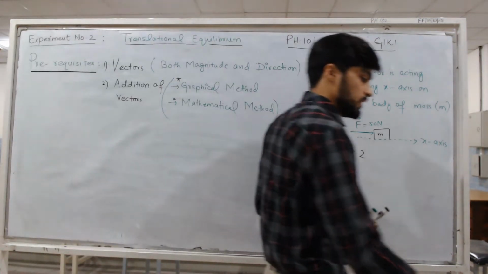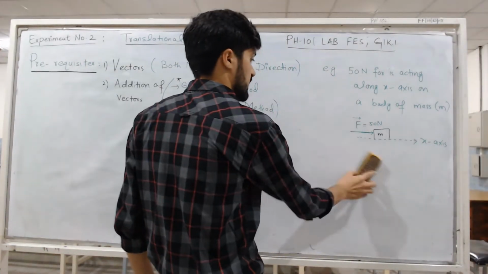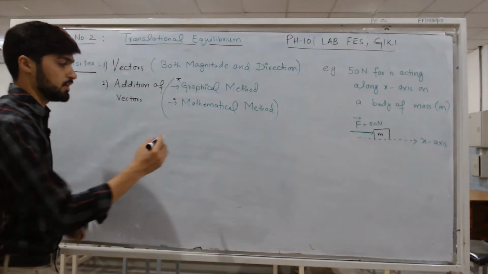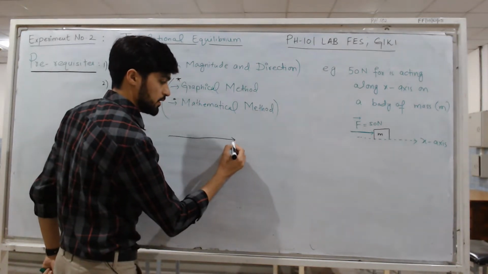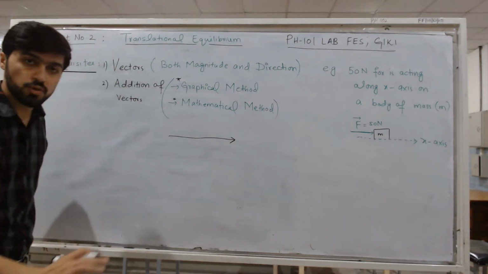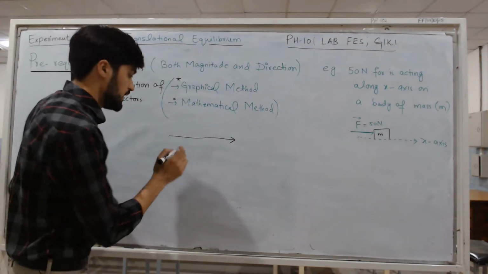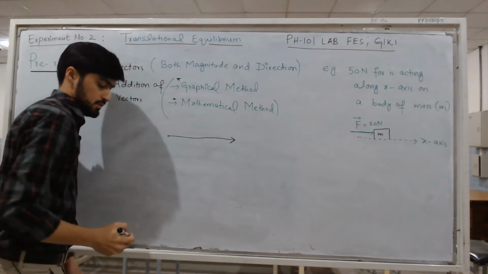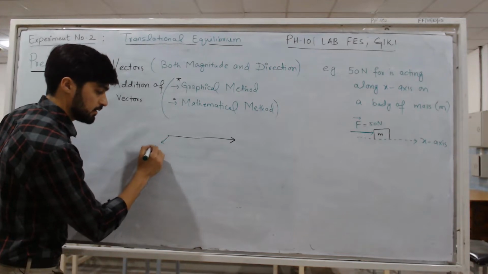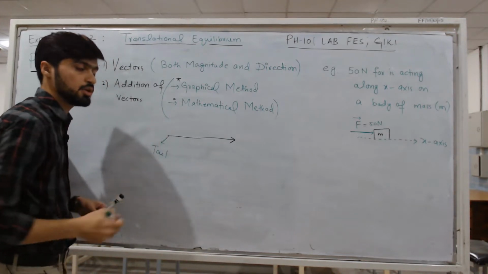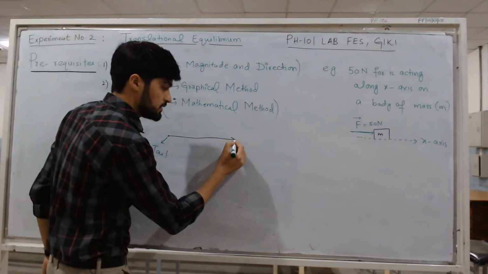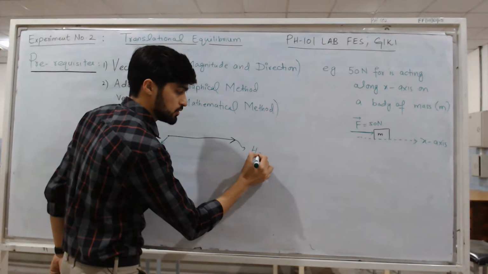So what is the graphical method for adding vectors? Graphically we represent a vector by an arrow. This arrow is representing a vector quantity. The starting point of this arrow, the initial point, we call the tail, and this is known as the head, the ending point.